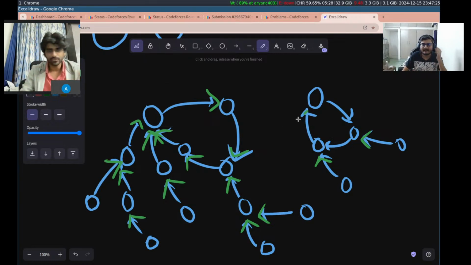You can see we have multiple connected components here. Each connected component has a central cycle, and then there are some trees attached to that central cycle. In all of those trees, there can be branching, there can be subtrees, and from a single node there can be multiple trees attached.